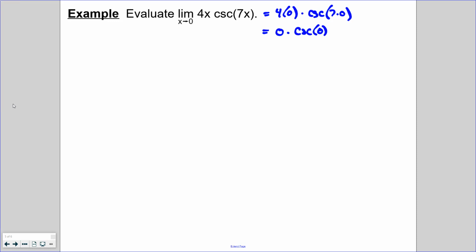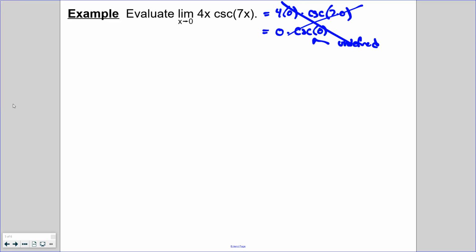But the problem is, cosecant of 0 is undefined, so we can't even evaluate this to figure out if it's 0 over 0 or something else. So direct substitution is a complete failure there.